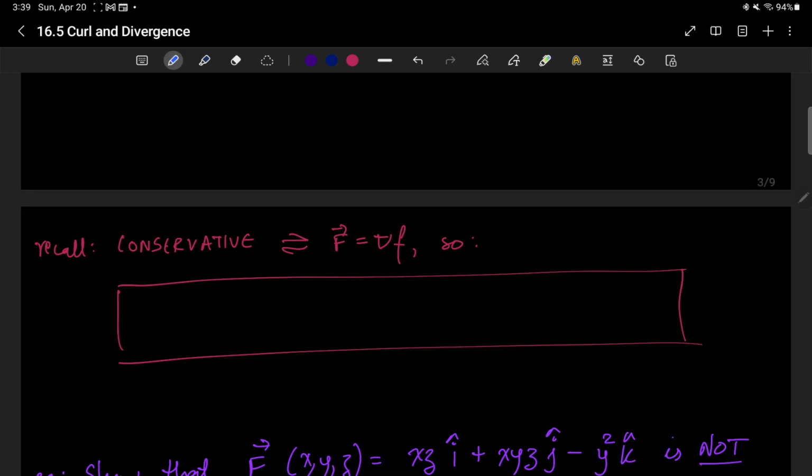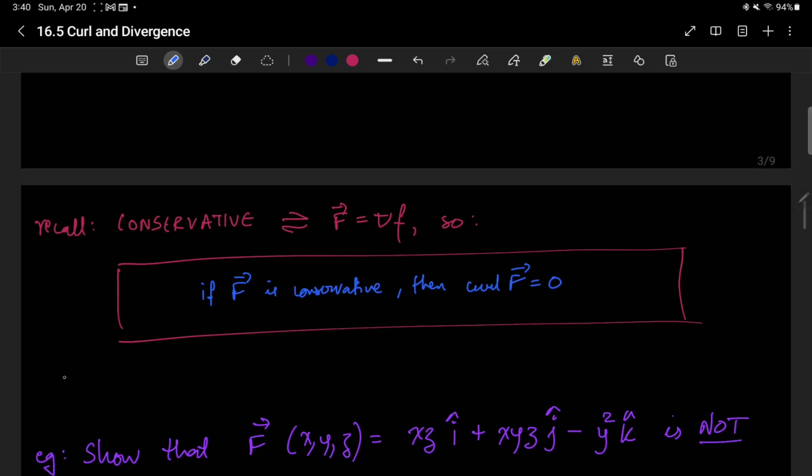Also recall other consequences of conservative fields about path independence and all of those things for line integrals. So putting this together, we just saw that the gradient field has a curl of 0. So this tells us that if F is conservative, then the curl of F has to be 0.